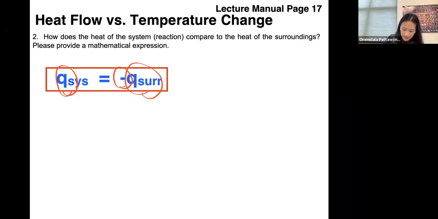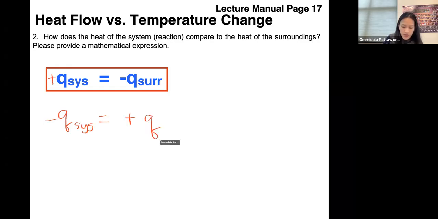For example, if the system is exothermic, then Q system would be negative, and Q surroundings would be positive. Again, the quantities are the same and the signs are opposite, because the sign only tells us how the heat flows.